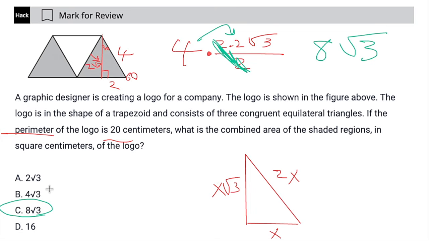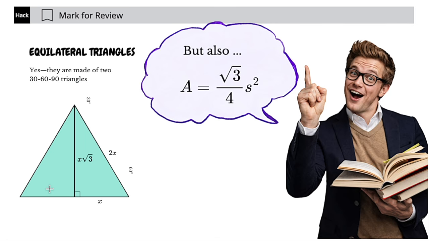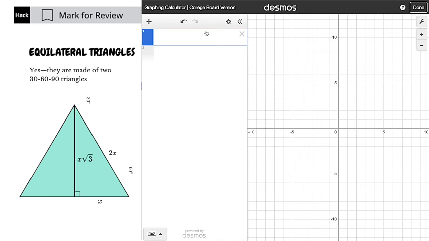Now, some of you might be thinking, what the heck? There's also this cool little formula for area of an equilateral triangle. So yeah, you could totally use this as well. Basically, it's going to be one of your sides squared times the square root of 3 over 4. So if I were to put this into Desmos, for example, if you remember, all of our sides were 4.